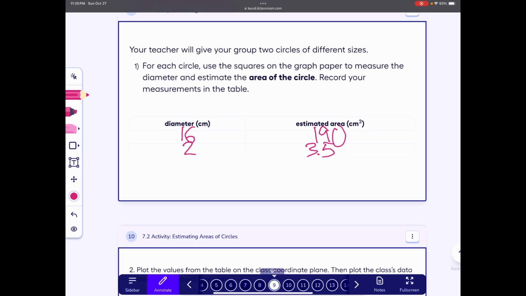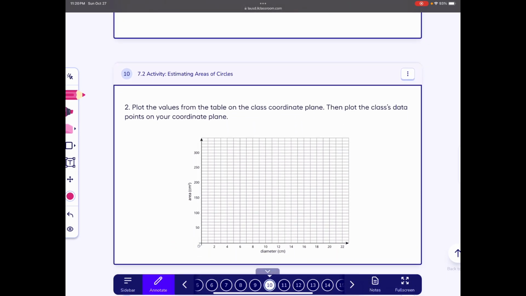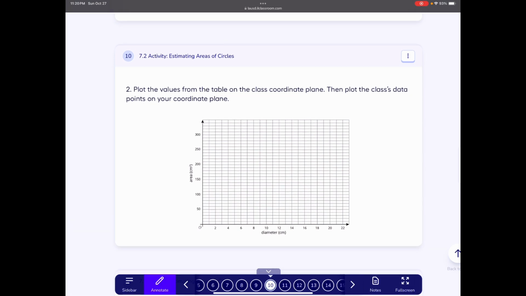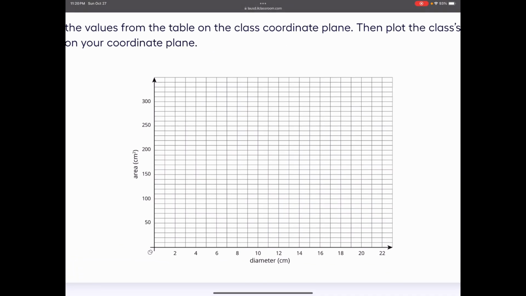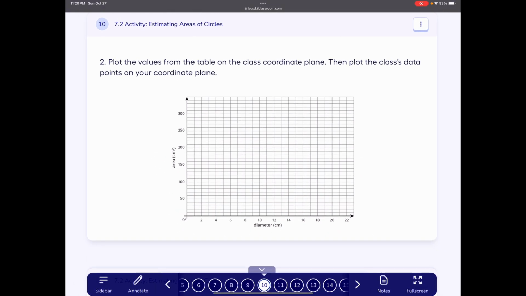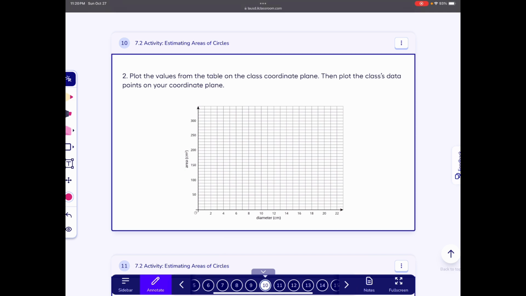Okay, so now let's come down to our graph. Next you're going to graph that. Let's graph those numbers. So the smaller circle had a diameter of 2, and then an area of 3.5.